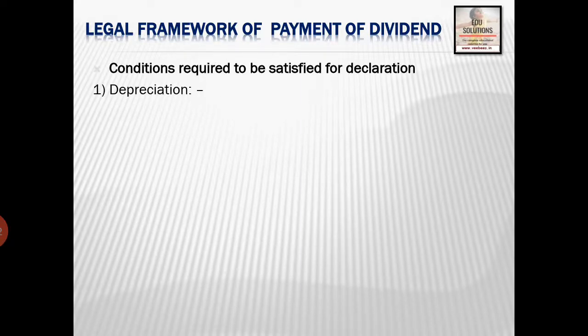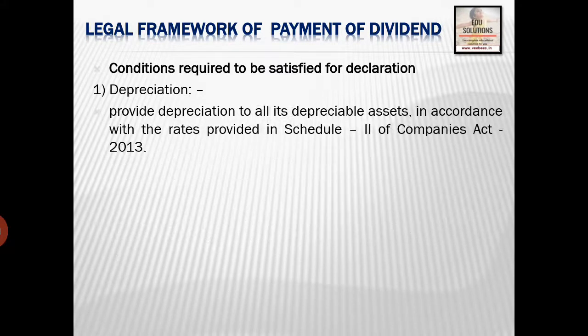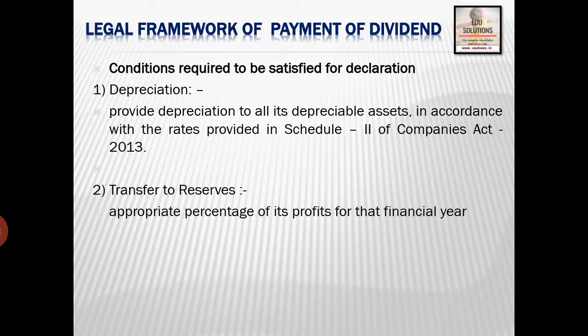Next one is conditions required to be satisfied for declaration. First, before declaration, depreciation should be provided on all the depreciable assets in accordance with Schedule 3 of the Companies Act. Second, transfer to reserve. An appropriate percentage of its profits for the particular financial year should be transferred to reserve.